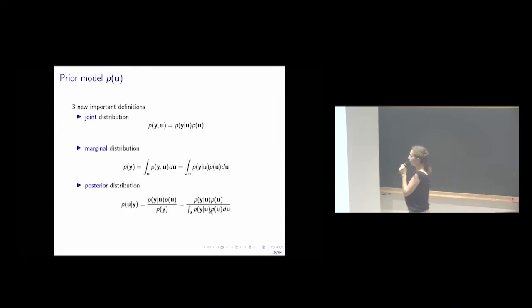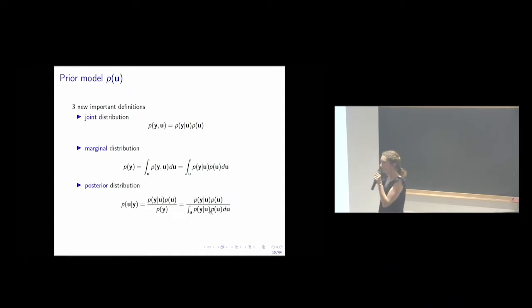Once you have your prior model, you can define three new important definitions. The first one is the joint distribution. Namely, you can say the probability density of y, my observation, and u, the variables of interest, is the conditional distribution of the observation given the variables of interest times my prior model, right?